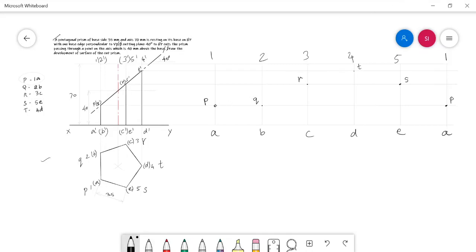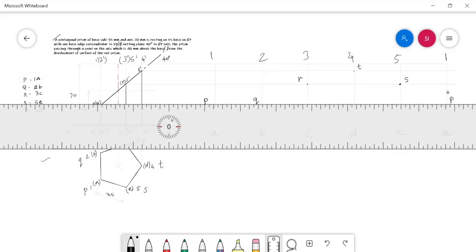And the very first duty is we need to connect all the cut points with straight lines, with the HB pencil.